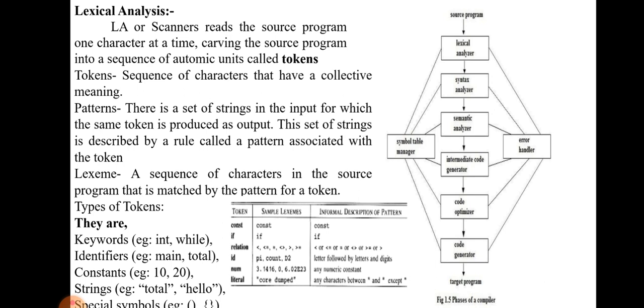To identify a token for every lexeme, the lexical analyzer follows some patterns. A pattern is nothing but a set of rules. Each token has some rule, which is called a pattern.